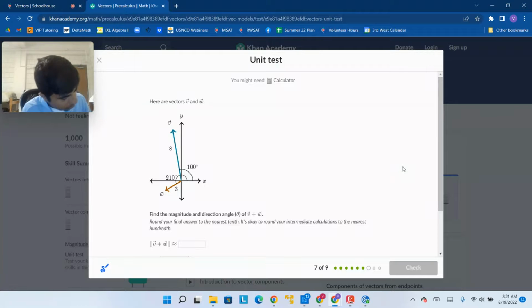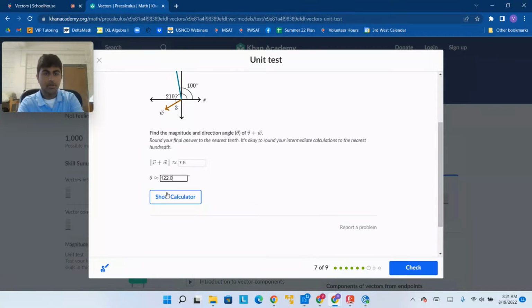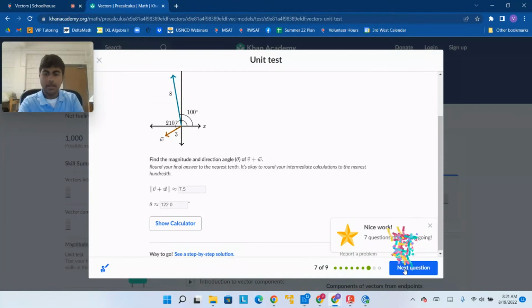So the direction angle is going to be 122.0 degrees. So our magnitude is 7.5, our direction angle is 122.0, and we can move on to the next question.